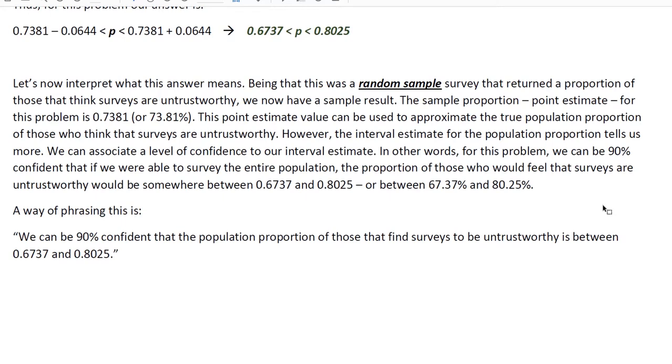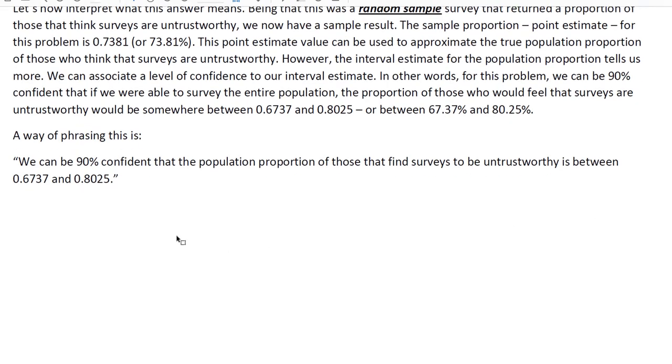So how would we state that answer? How we would state it is like this. We can be 90% confident that the population proportion of those that find surveys to be untrustworthy is between 0.6737 and 0.8025.